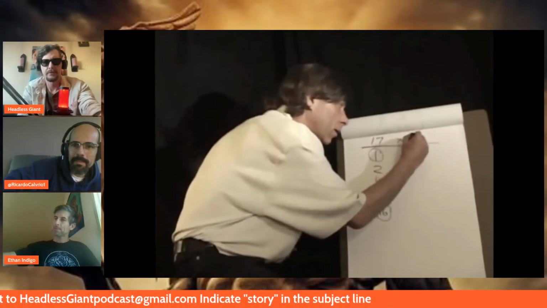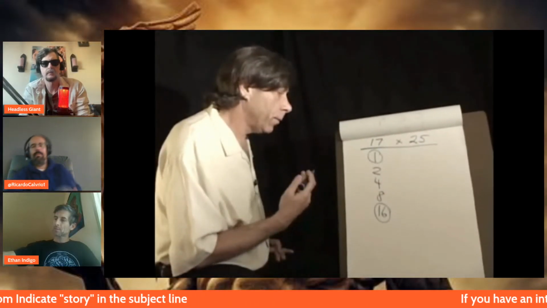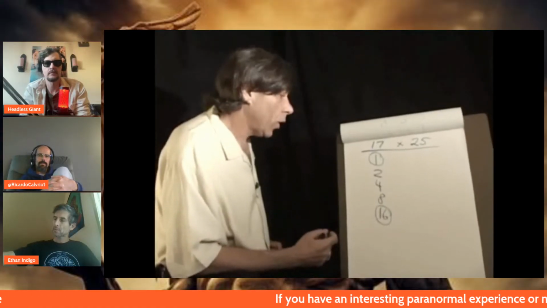So if I wanted to multiply two numbers, let's say we wanted to multiply 17 by 25. In order to multiply the way the Egyptians did and the way that computers do, all you have to know is how to double numbers like this and how to add two numbers together. No multiplication table needs to be memorized. So 17 times 25, I've identified the elements of 17 as 1 plus 16.